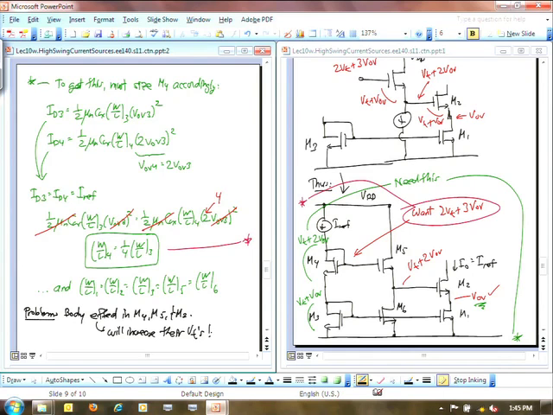Now, for M1 to be in saturation, this voltage better be greater than 1 overdrive voltage. So what we really need to do is take all of this and determine whether that addition and subtraction of different VTs is going to be greater than 1 or less than 1. Because if it's less than 1 and it's added to this VOV, then this whole thing is going to be less than a VOV.